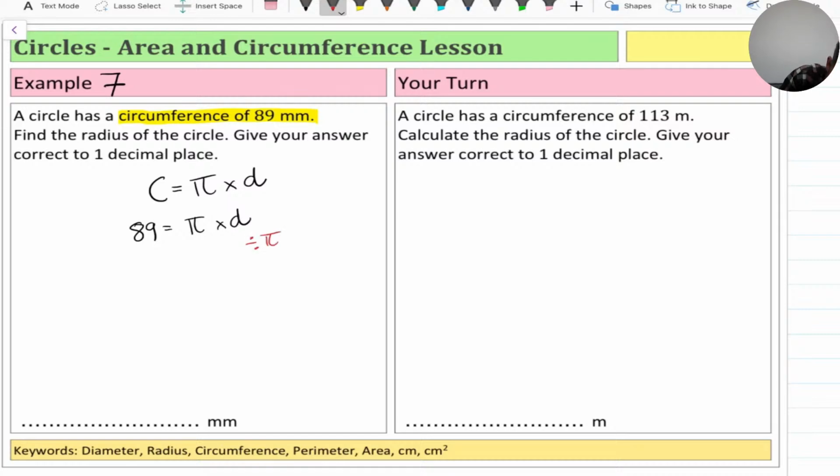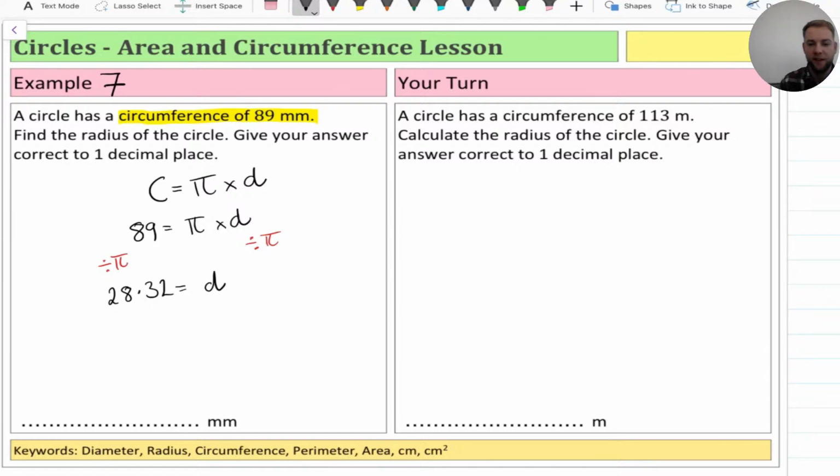So it's going to be 89 divided by pi, which in this case is 28.3 is equal to the diameter. I'll do it to 2 decimal places.